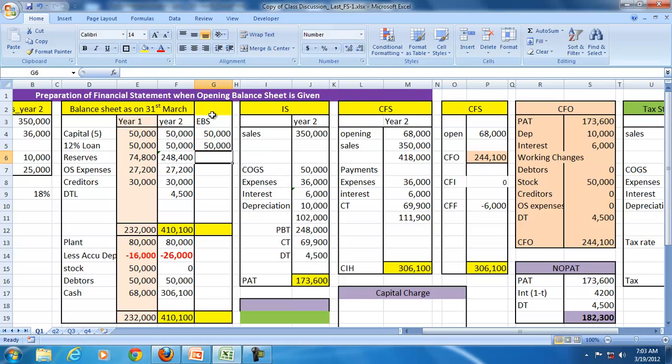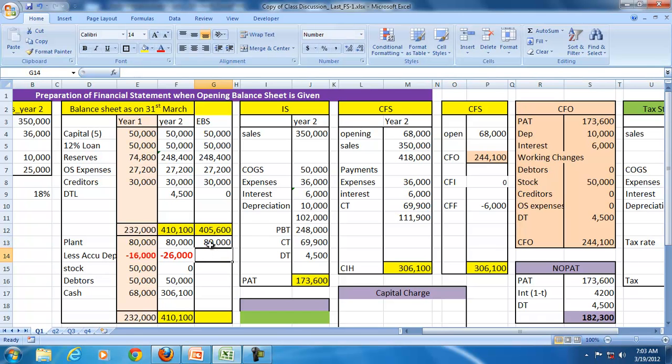Loans have no change; we are calculating them at book value. Reserves same, outstanding expenses same, creditors same, but it will not recognize the deferred tax liabilities. Since EBS recognizes only the current tax, EBS is the economic balance sheet required to calculate the capital charge.